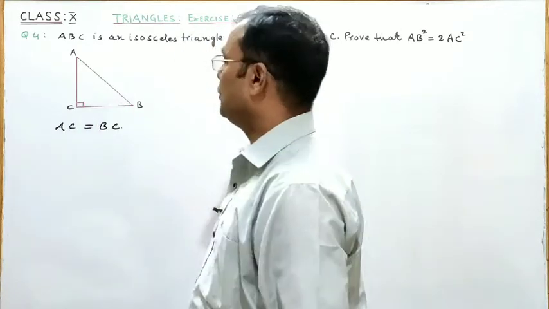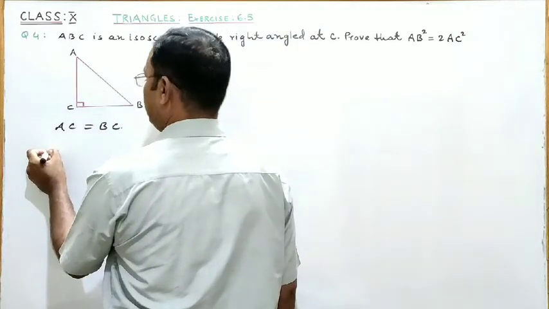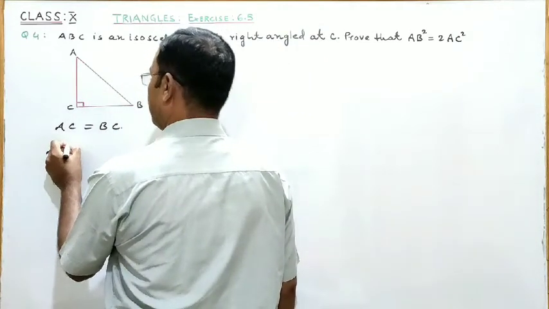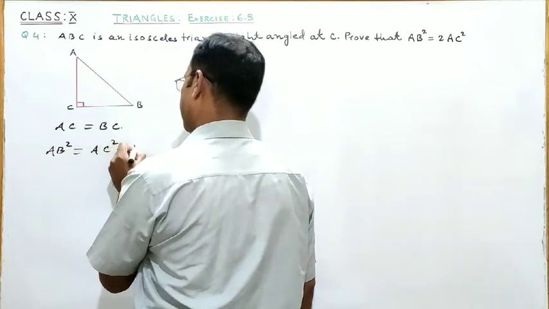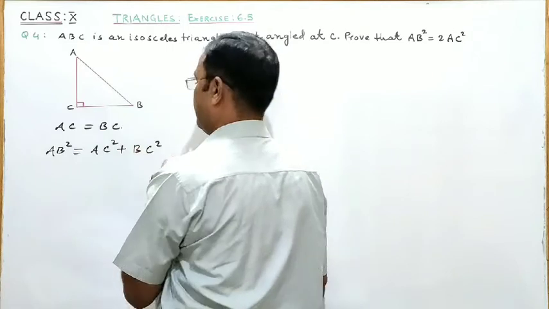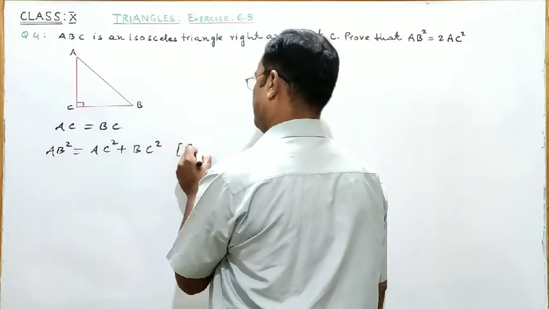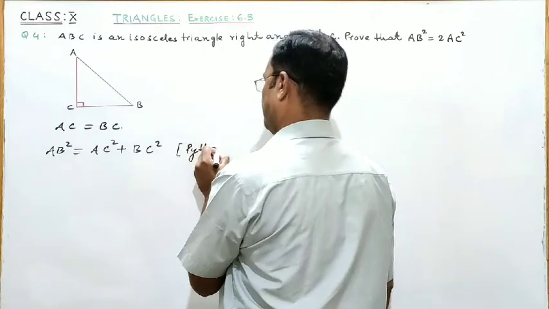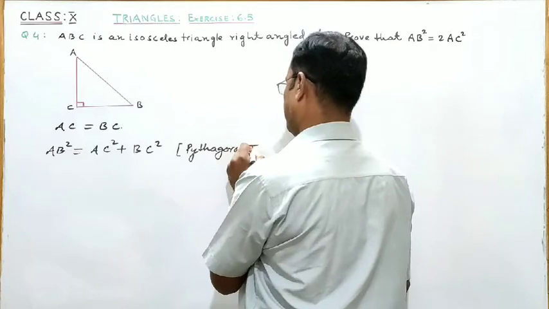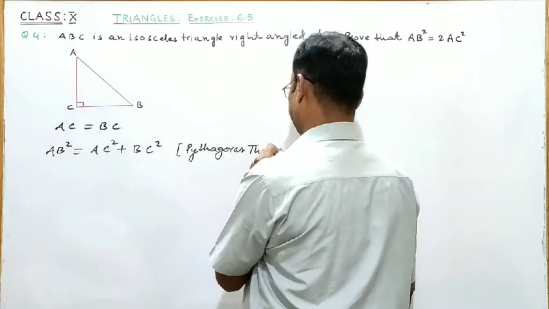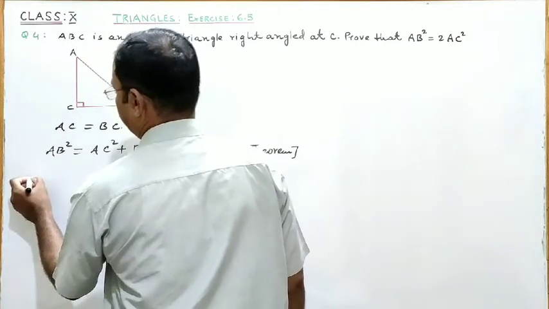Now, using Pythagoras theorem in this right angle triangle, we can write AB square is equal to AC square plus BC square. This is from Pythagoras theorem.